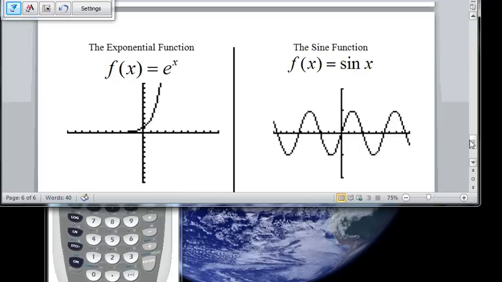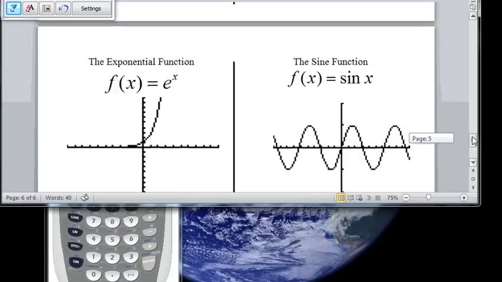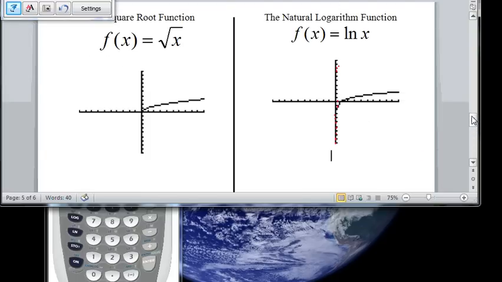And I want to go back up to the log one because I have just a dumb way to remember log. ln stands for log. It actually stands for natural log. And why don't they have the n first? I don't know. But doesn't this sort of look like a tree that used to be in the ground here and then got blown over in a big windstorm and blew over here? And what do you call a tree that has blown over in a windstorm and is now laying on the ground?